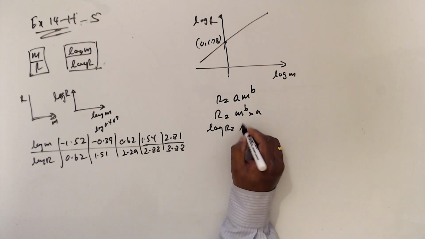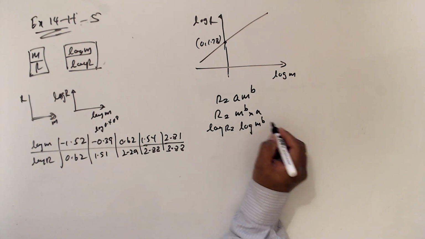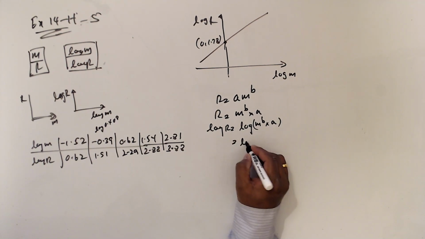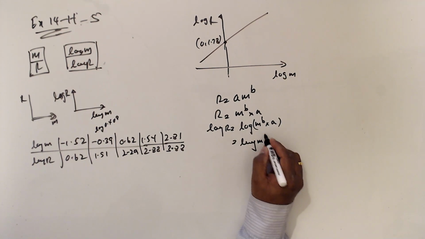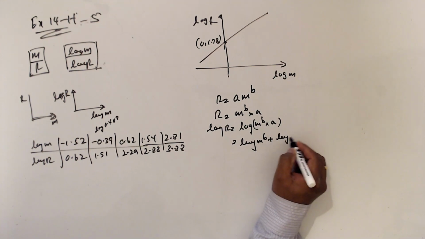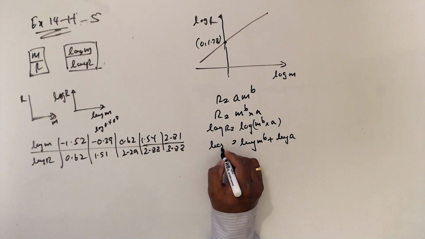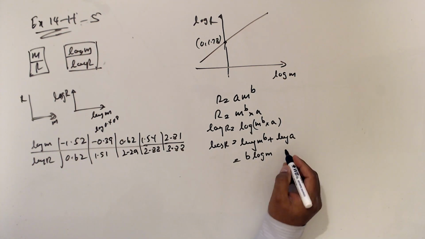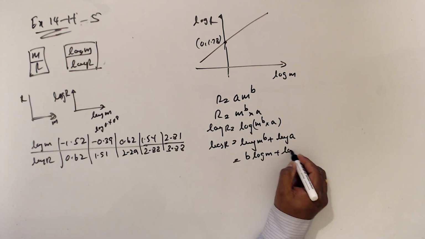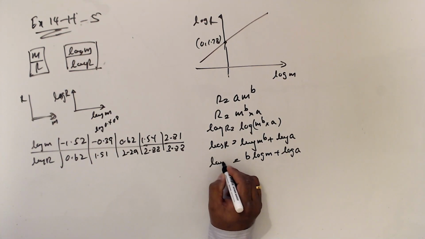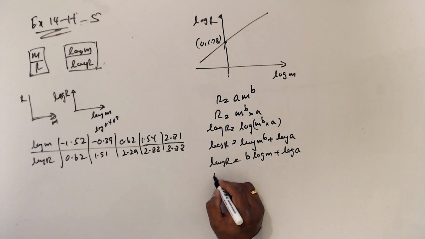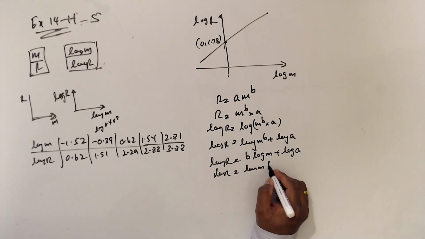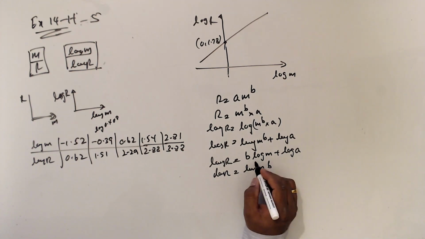Log R is log of M^B times A, so log M^B plus log A is log R. So B log M plus log A equals log R. I changed these two.